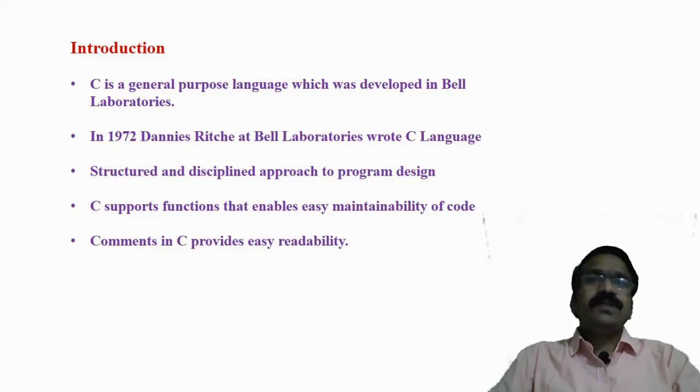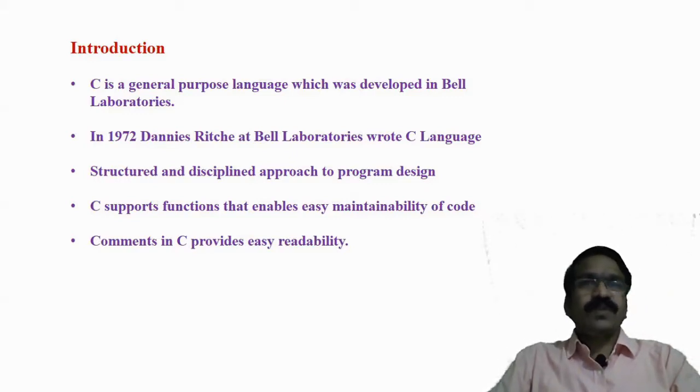C is a structured and disciplined approach to program design. It supports functions that enable easy maintainability of the code. That's why it is easy for the programmer to write the source code, and it provides comments for easy readability.